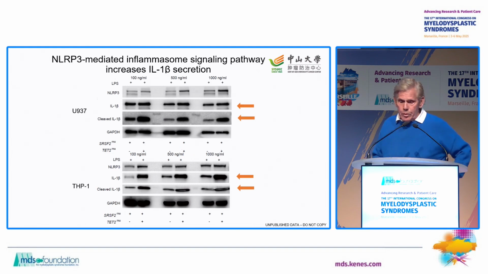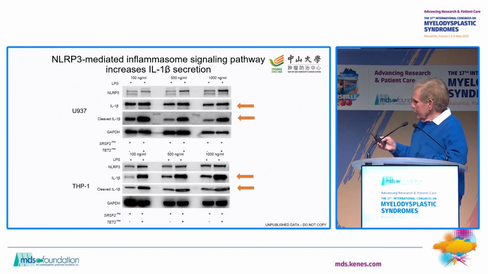And if you look at the protein level, now here are two different cell lines, and this is the NLRP3 mediated inflammasome signaling pathway. So that is the driver of this increased concentration of interleukin 1 alpha and beta.